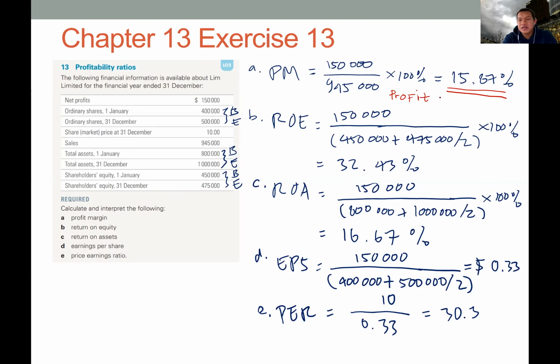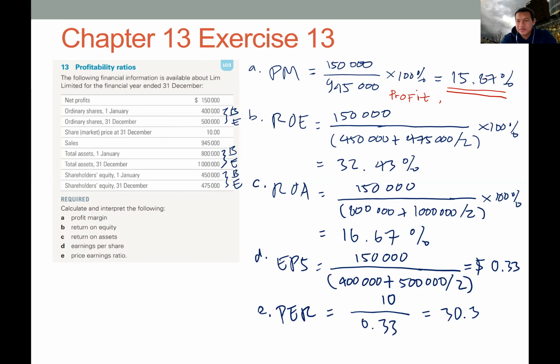I think it means that the efficiency of their operation is not really good. If you remember how we calculate the net profit, it's basically the sales minus the cost of goods sold and operating expenses. So their operating expenses or their cost of goods sold is not really efficient.